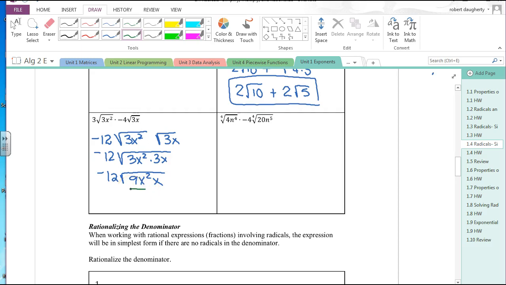What's the square root of 9? 3. So I get negative 12 times 3. Square root of x squared is x, and I'm left with what? Square root of x. So this is negative 36x square root of x.